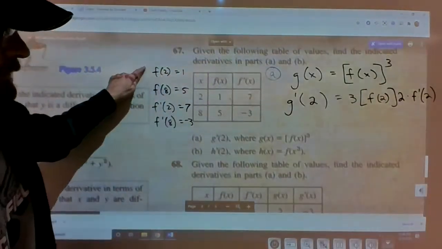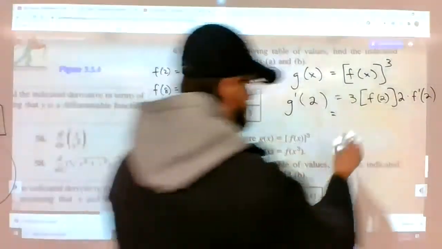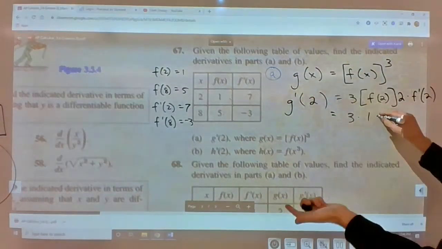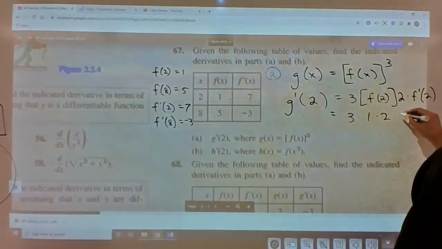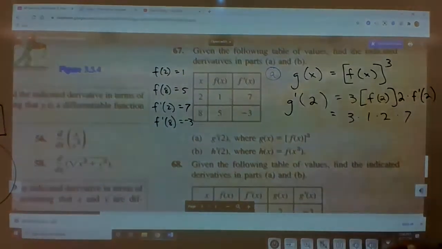All right, go here. F of 2 is 1. That 2 is, it is what it is. F prime of 2 is 7. And this is all multiplication, so 42.